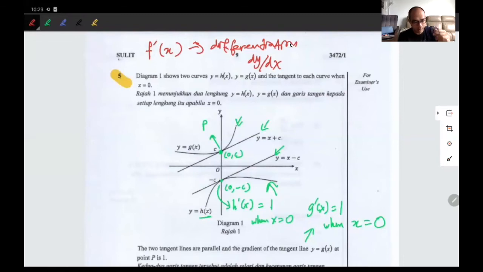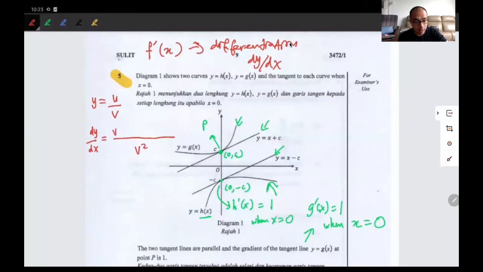Now, let's go back to one very familiar formula that we have seen. If we have a function y equals to u over v, this is actually in your formula book. So dy/dx is actually (v du/dx minus u dv/dx) over v squared.